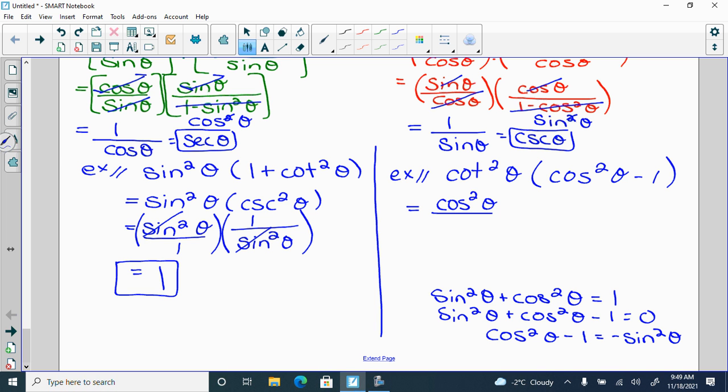So this is cos squared over sine squared, and then this one is negative sine squared theta. If you don't know what to do, replace this one and ask what would be better to do with this cotan squared. If I make it just cos and sine, things will cancel. So then these cancel and I'm left with negative cos squared theta.